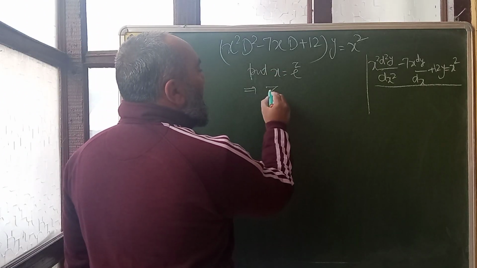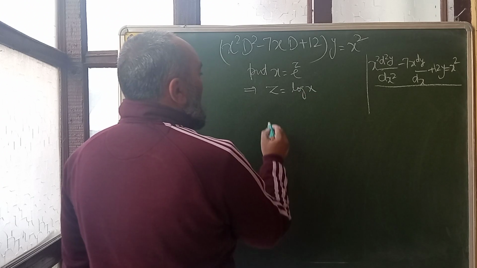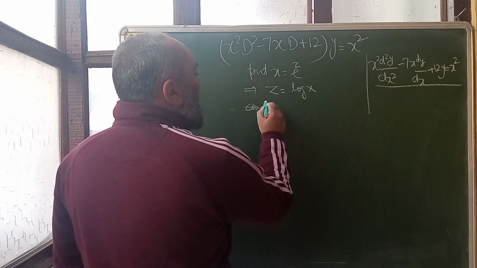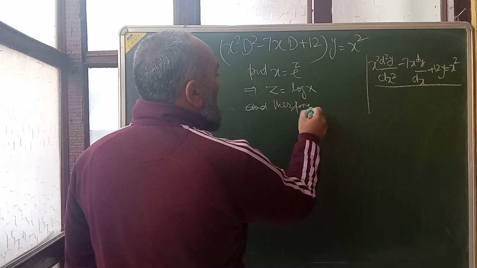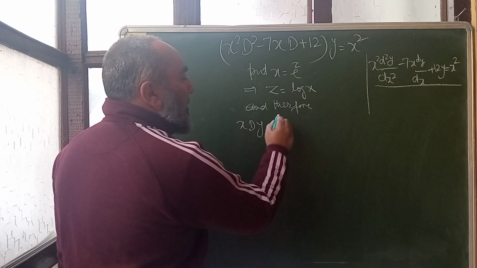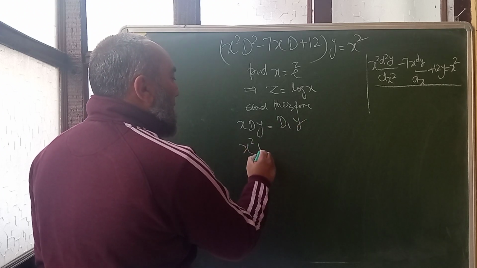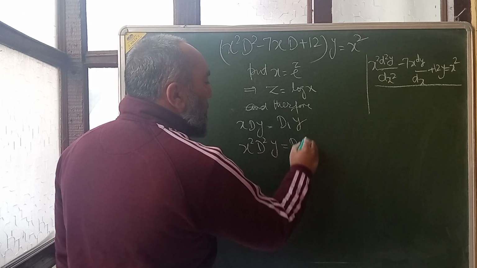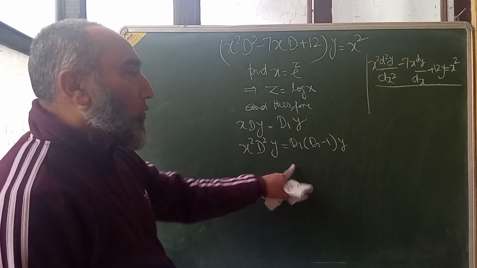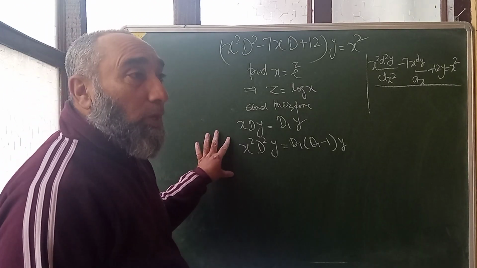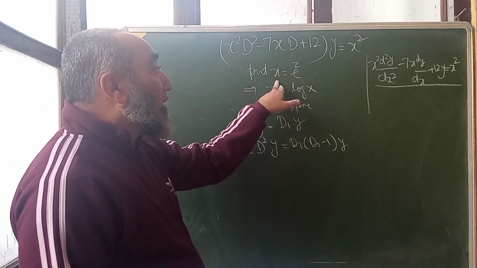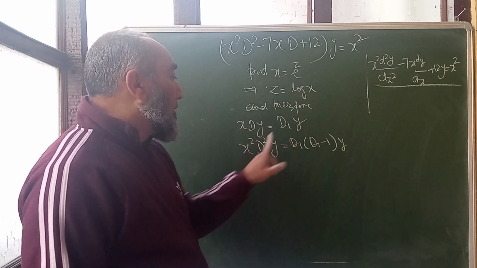This gives us z equal log x, and therefore x dy is D1 y, x square d square y is D1 into D1 minus 1 y. You don't have x cube, you have only these two. This I have shown, I will be using this, but if you are in an examination and you are asked this question, you have to show that x dy by dx is D1 y, x square d square y is D1 into D1 minus 1 y.